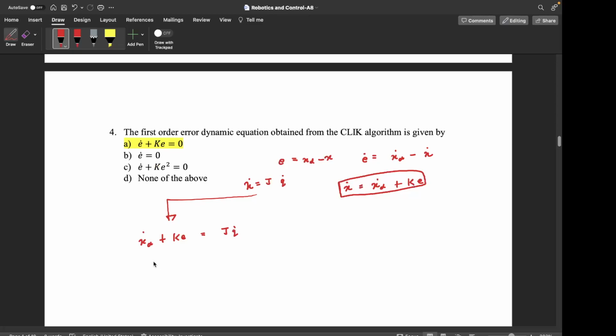So q dot is equal to J inverse times xd dot plus ke, right?